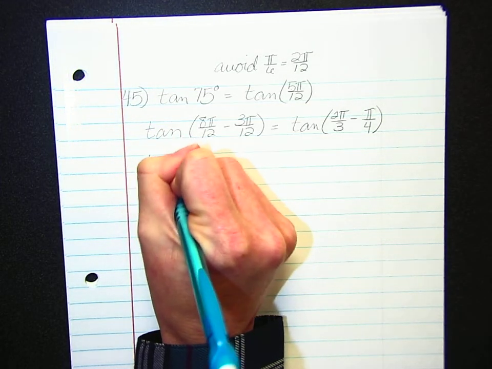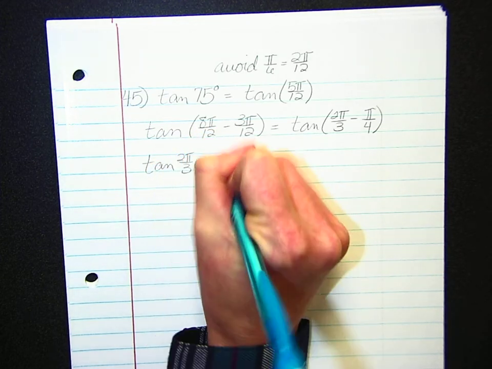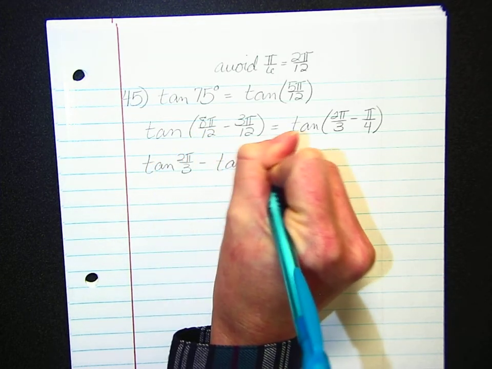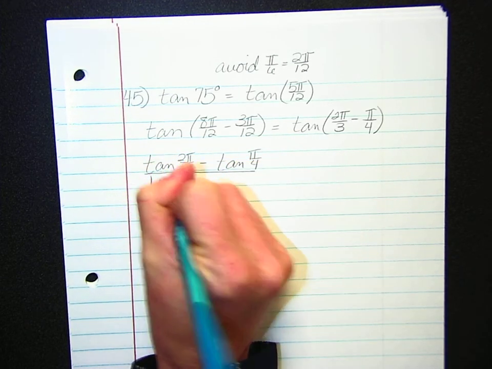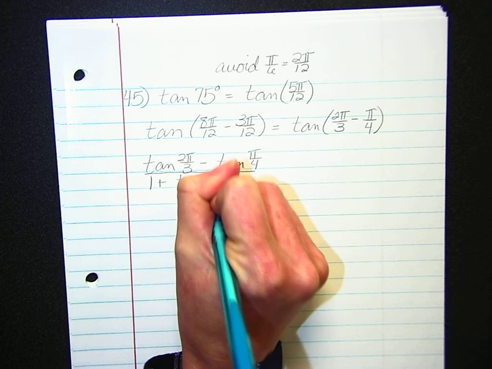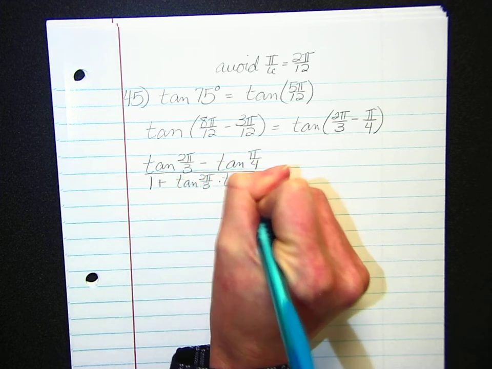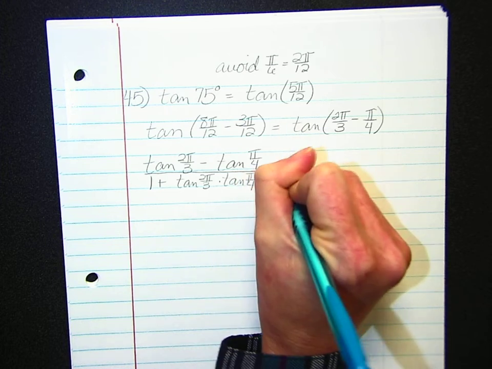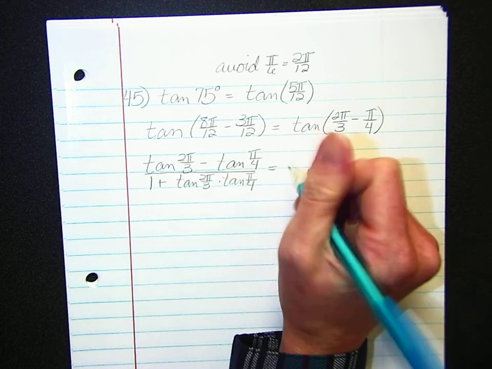All right, so let me fill that into my tangent's difference formula. So the tangent of 2 pi over 3 minus the tangent of pi over 4. And then I'm going to divide that by 1 plus these two things, same values, multiplied together. All right, what we want to be really careful of here is that 2 pi over 3 is in the second quadrant where tangent is negative.